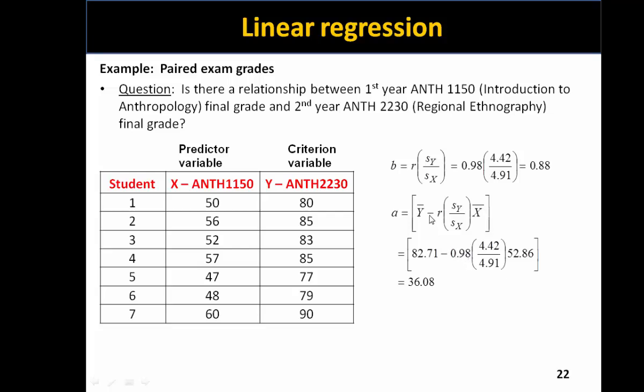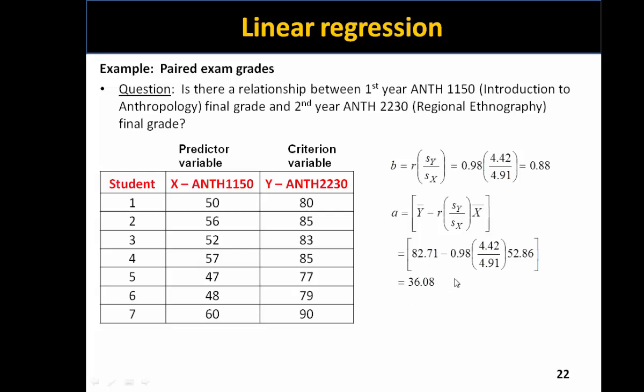The subtraction is part of the equation. And we have the same ratio we saw in the slope calculation, the 4.42 divided by 4.91, and we multiply that by the average scores of the first year course, which is 52.86.